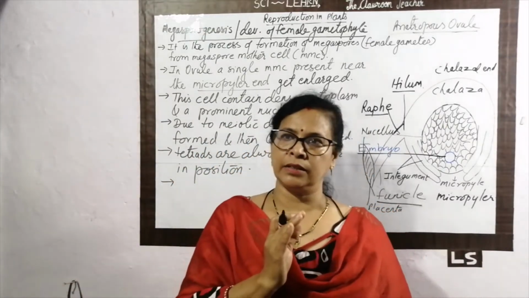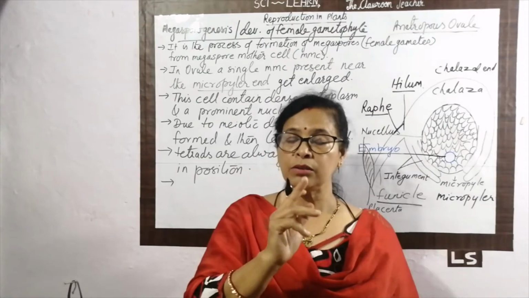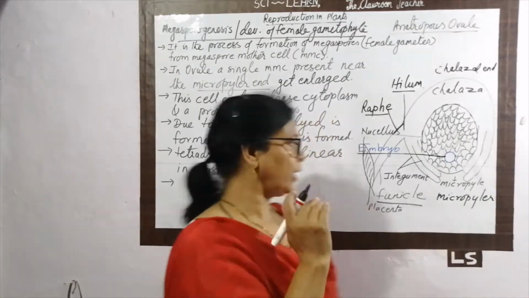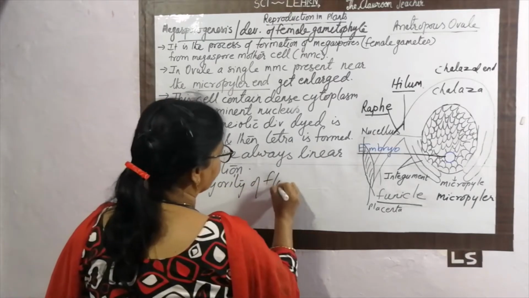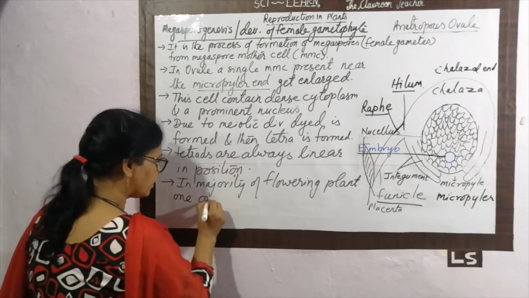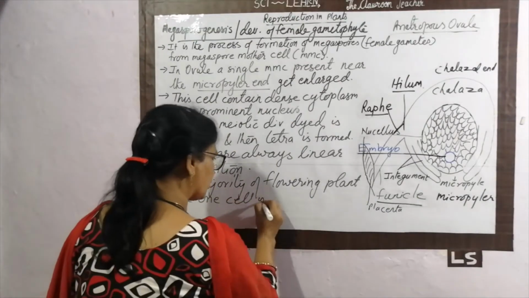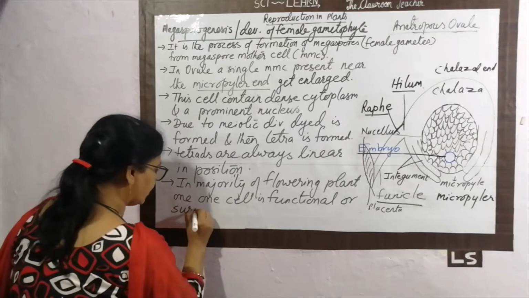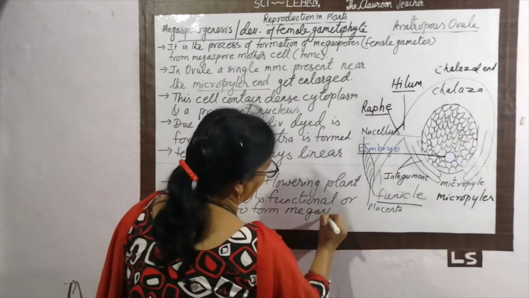Now what happened next? Out of the four cells, in the majority of flowering plants, only one cell is considered as the megaspore, because only one cell is functional or survives. The rest of the three cells degenerate. So in the majority of flowering plants, only one cell out of these four cells is functional, or survives, to form the megaspore, the female gamete.